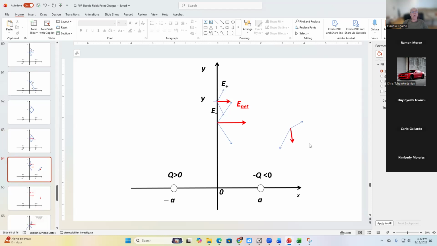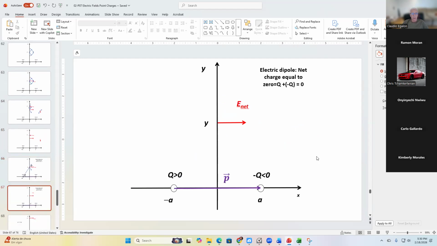As we move away from the charges, the electric field should decrease in intensity. If you map the electric field around this dipole, you're going to get those electric field distributions.